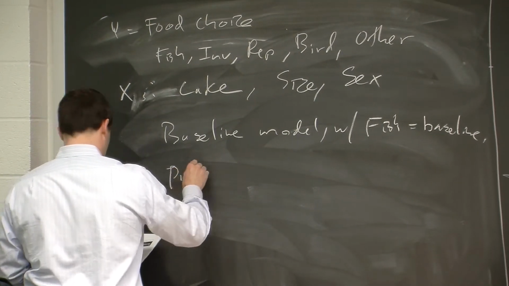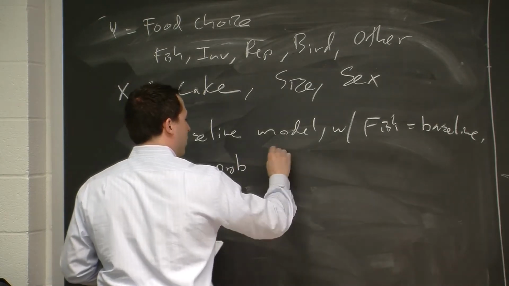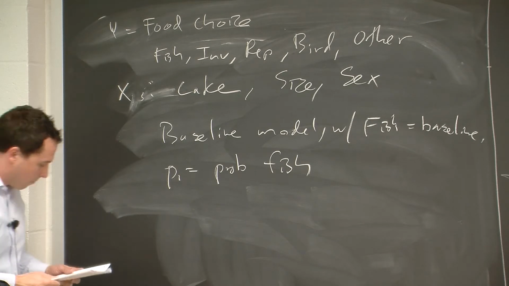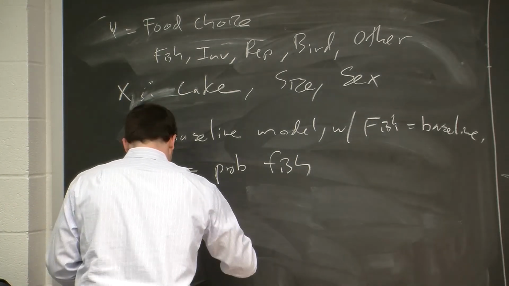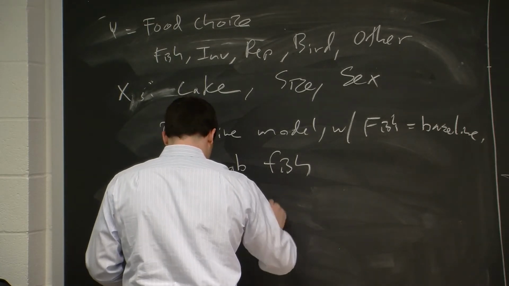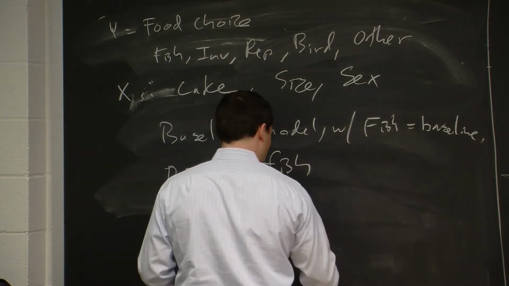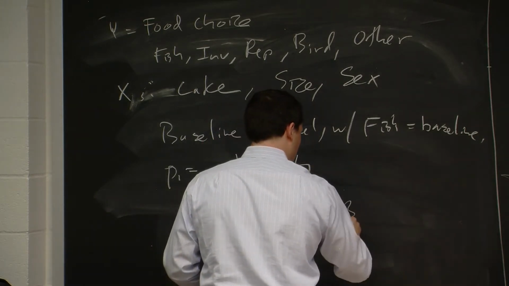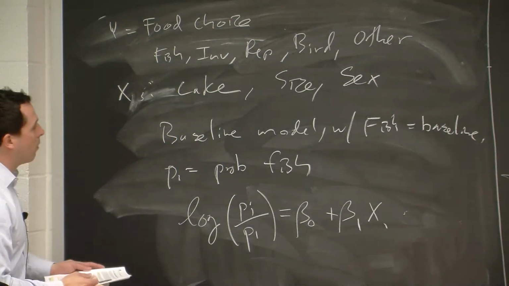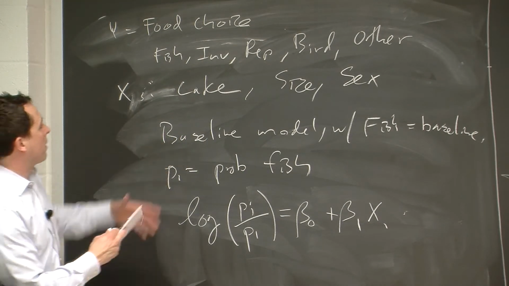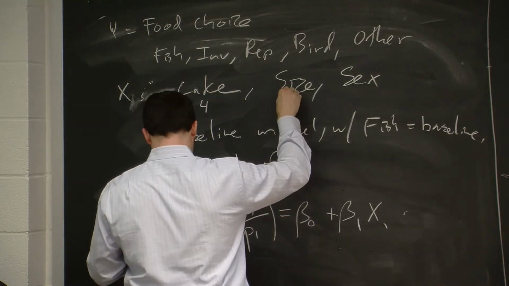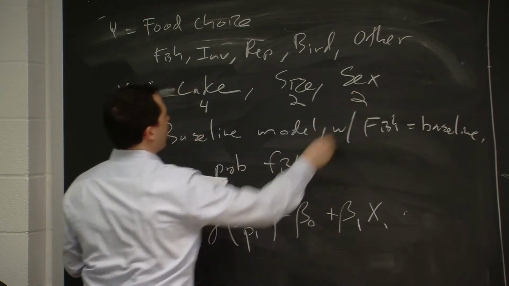So P1 is the probability that fish is the preferred food of this alligator. And then we have logit equations, log of Pj over P1, and we say that this is equal to some intercept plus beta 1 times x1, and so on. So here, there are 4 lakes, and there are 2 sizes and 2 sexes.